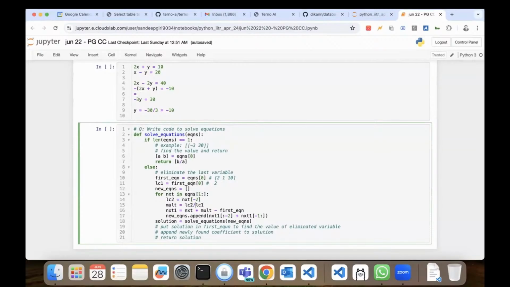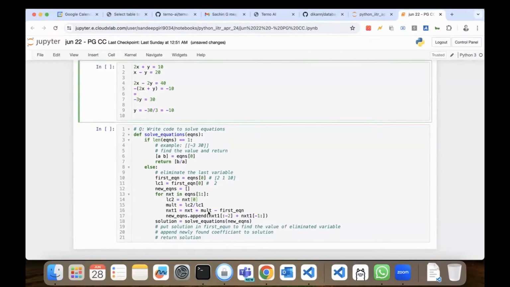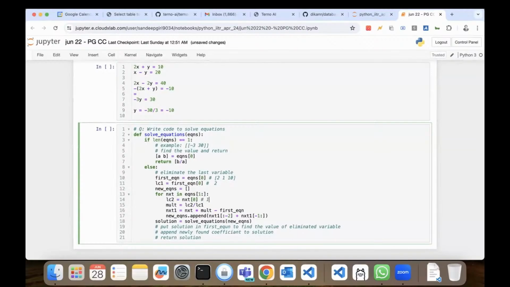We pick the 0th variable, like here, 1. In the example, this is 1, and this is 2. So 1 divided by 2, LC2 over LC1. Now we are multiplying the next equation with this multiplier, which is actually wrong.